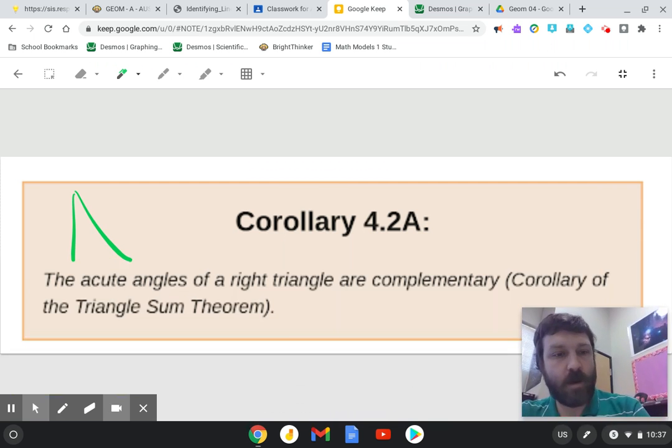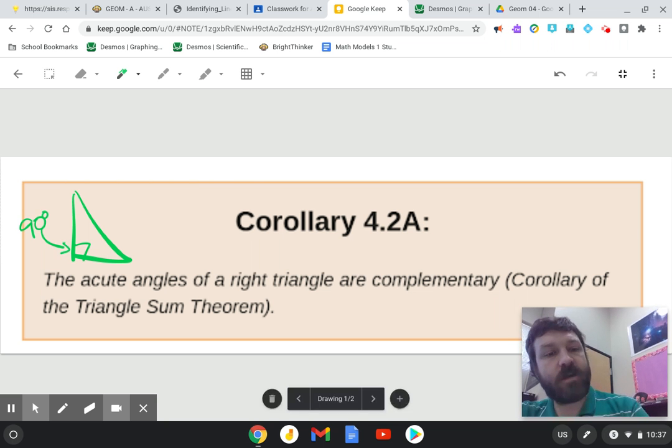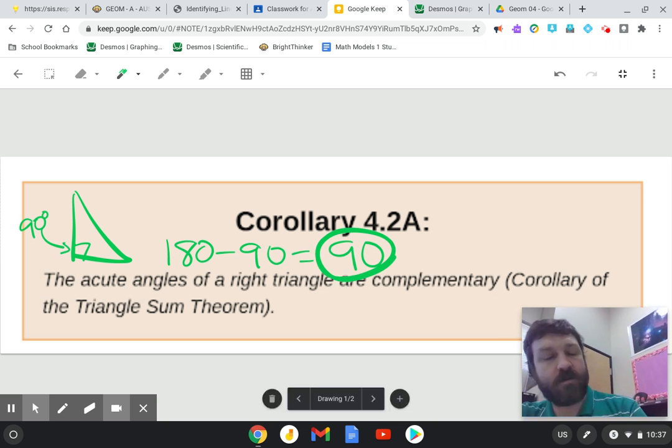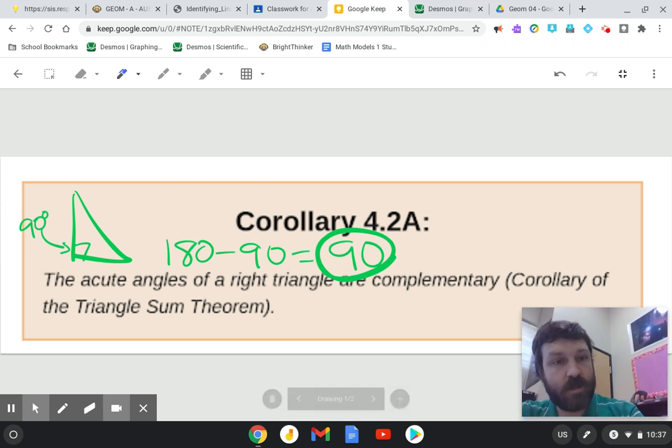Well, if I have a right triangle, I already know that this angle is 90. So if one of those angles is 90, and I subtract that 90 degrees, that means that there is only 90 degrees left for the other two angles. So naturally, those other two angles have to be less than 90, which automatically makes them acute.